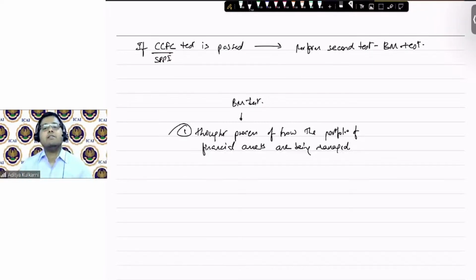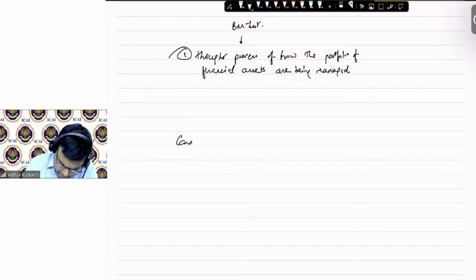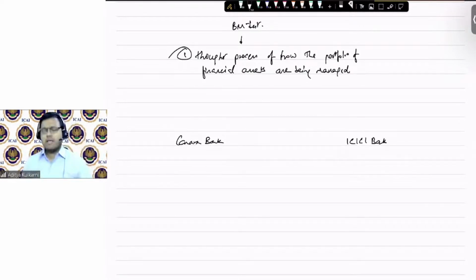Please elaborate. So let us assume that you have two banks. One is Canara Bank and one is ICICI Bank. In banks, what is the job?